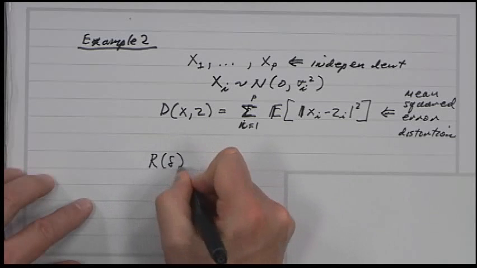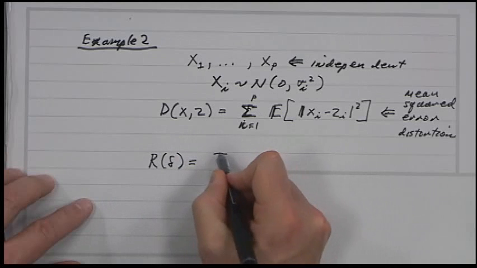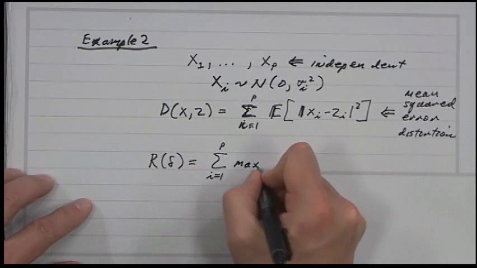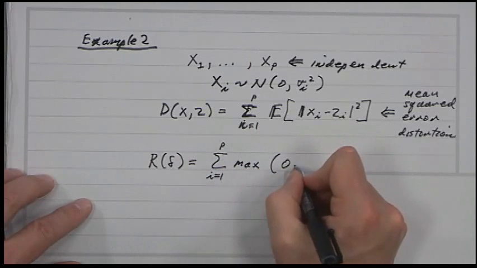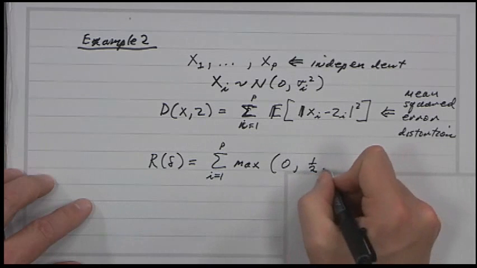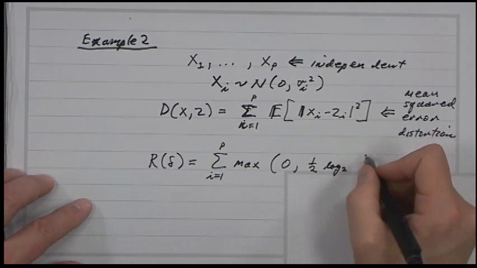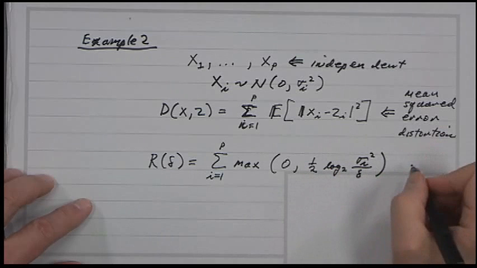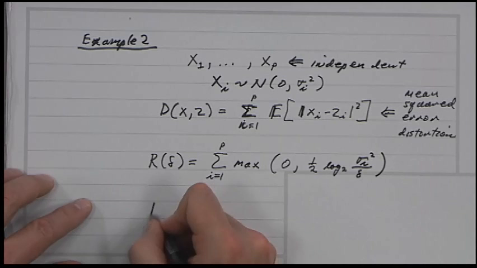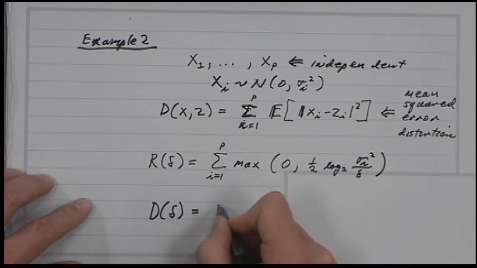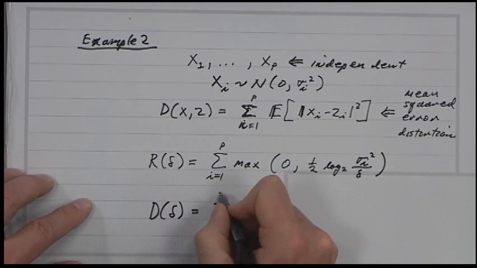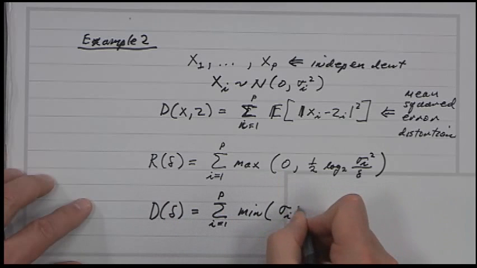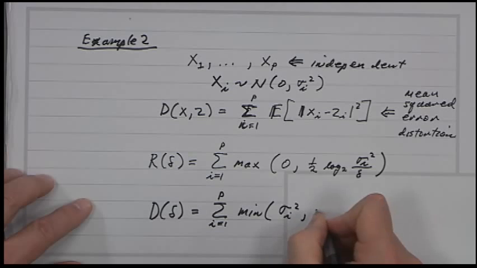R of delta is equal to the sum from i equals 1 to p of the max of 0 and 1/2 log base 2 of sigma i squared over delta. And D of delta is equal to the sum from i equals 1 to p of the min of delta, sigma i squared.